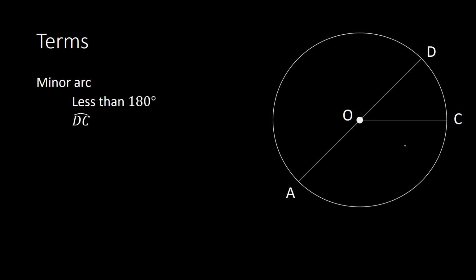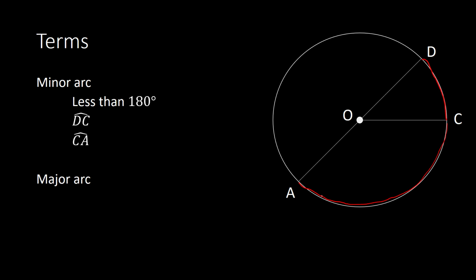So for example, the arc from D to C, the one we mentioned just a moment ago, would be considered a minor arc because it is less than half the circle. CA would also be a minor arc, so from C to A, because it is less than half the circle.